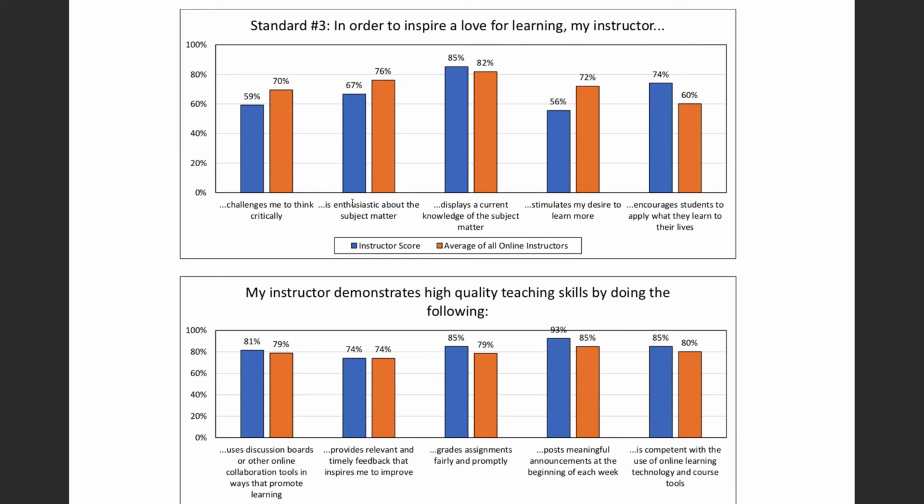I want to dive into one example here. Let's look right here for a minute to see that my instructor stimulates my desire to learn more. 50% of my students noticed me doing it, but that's quite below the average. So potentially I have some room for improvement. I'm doing a really good job at encouraging my students to apply what they learn, but for some reason I'm not stimulating their desire.